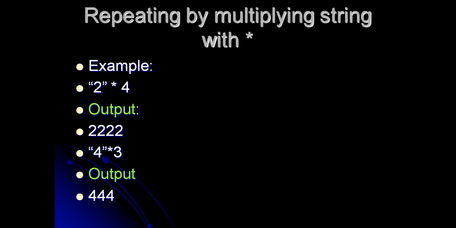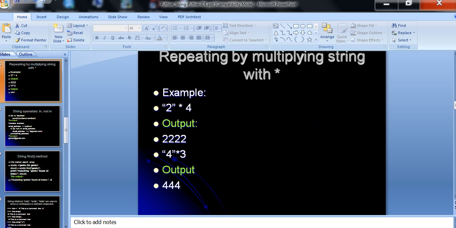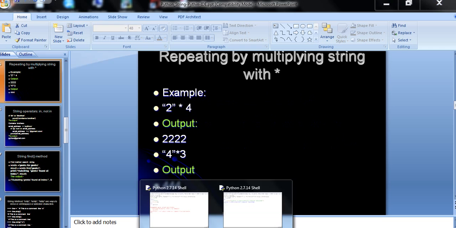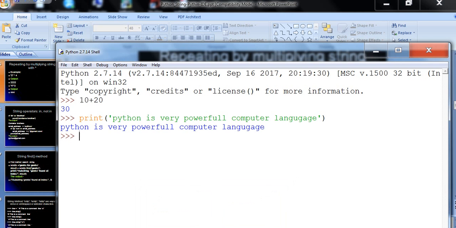Here I put string 2 into 4, then it will display 2 four times. Similarly, here 4 is a string and I'm multiplying with 3, then it displays 4 three times. We'll do the same thing in the editor.